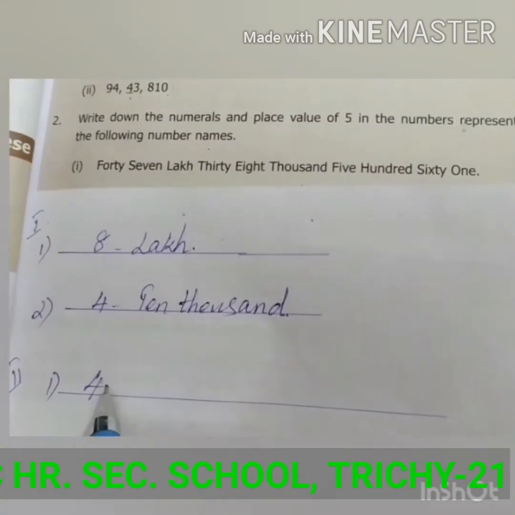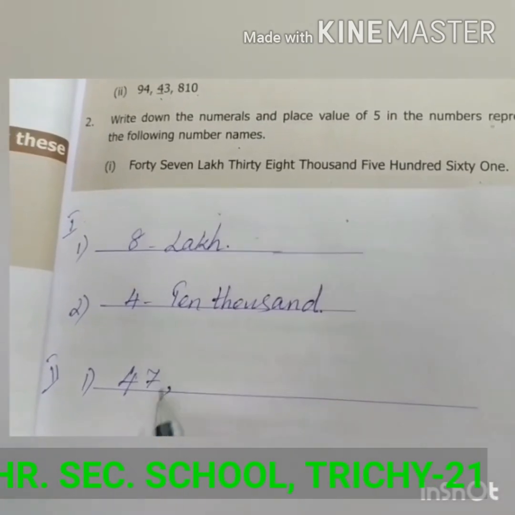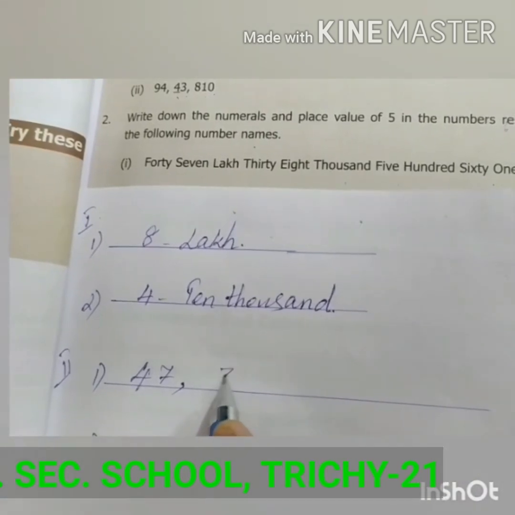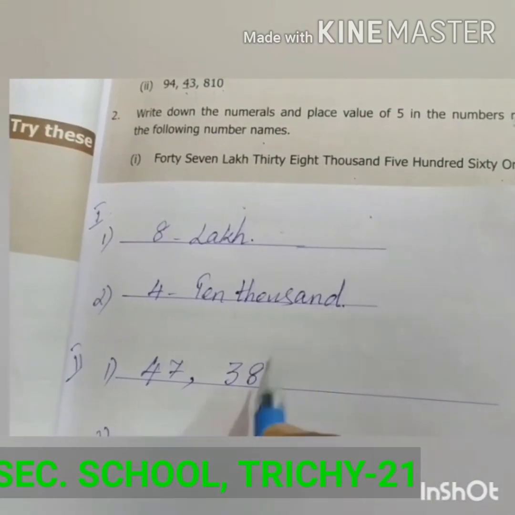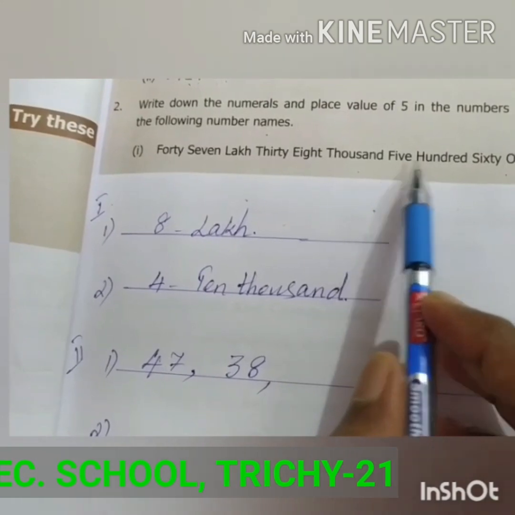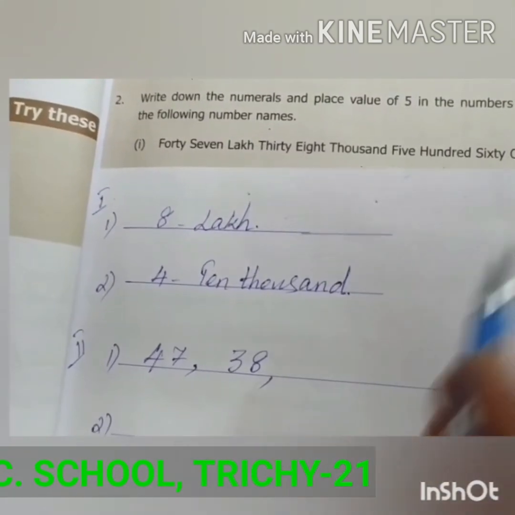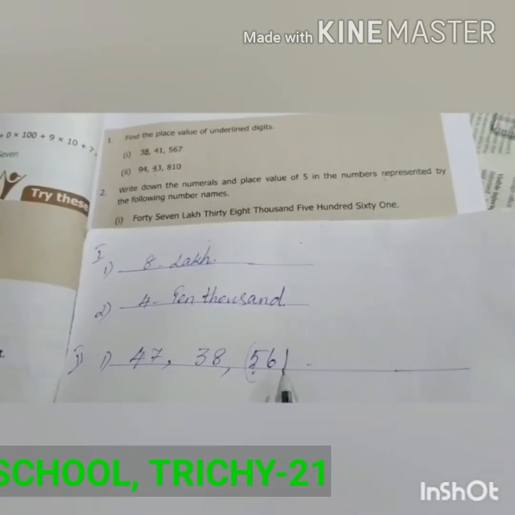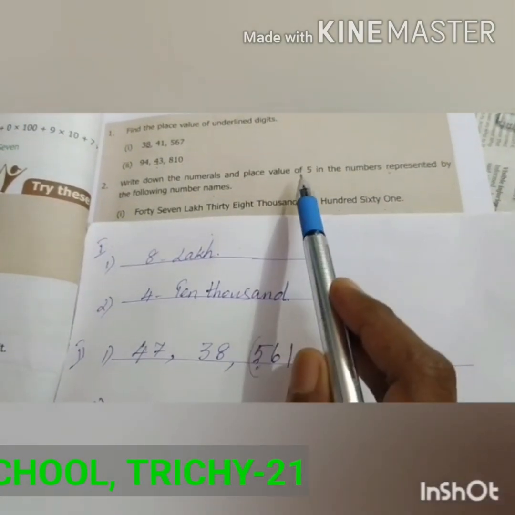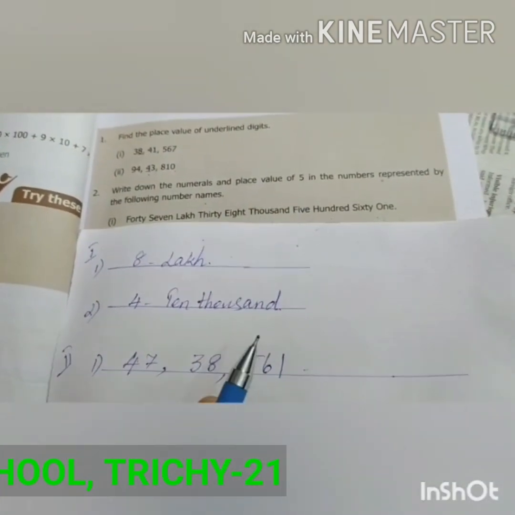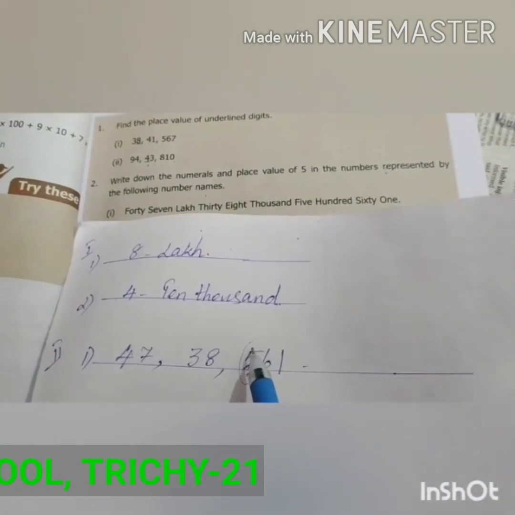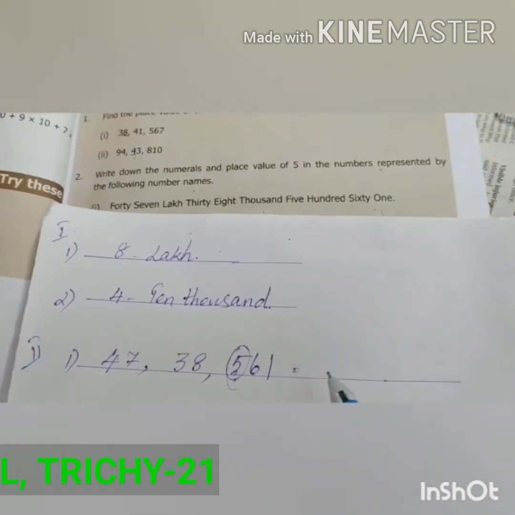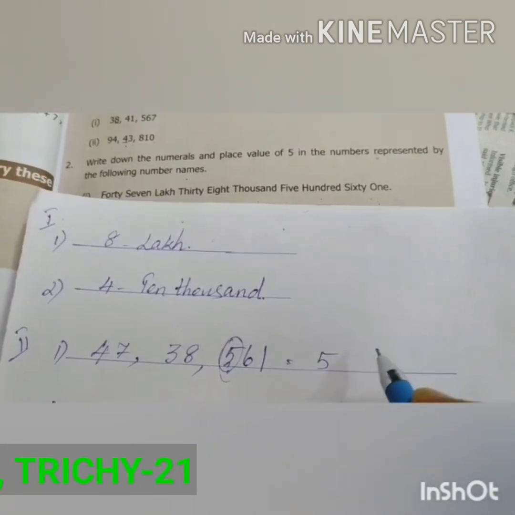So the answer is 47. Put comma. The next one, 38,000. Next, 561. Now let us find the place value of 5 here. Place value of 5 is what here? 5 is in hundreds. So the answer is 500.